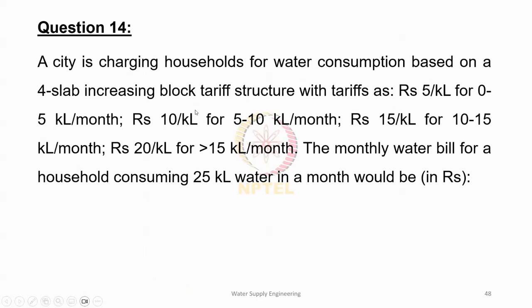Question number 14. A city is charging households for water consumption based on a four slab increasing block tariff structure with tariffs as rupees 5 per kiloliter for 0 to 5 kiloliters per month, rupees 10 per kiloliter for 5 to 10 kiloliters per month, rupees 15 per kiloliter for 10 to 15 kiloliters per month, rupees 20 per kiloliter for greater than 15 kiloliters per month.